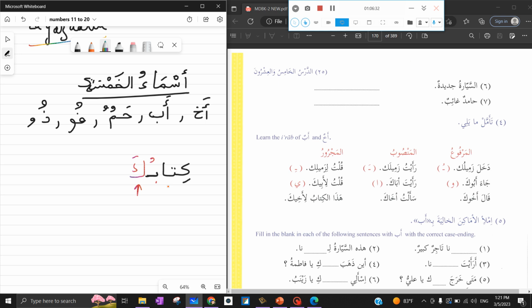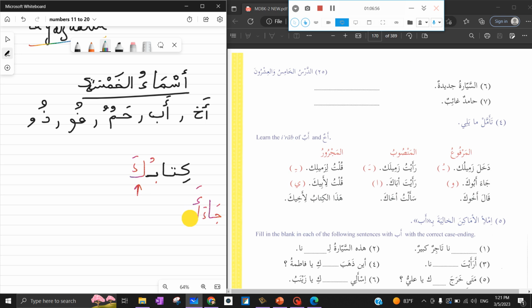We know that. So when all these five nouns come with a damir or in an idafa construction with another noun, for example, with damir ka, what will happen? I say ja'a ahu.